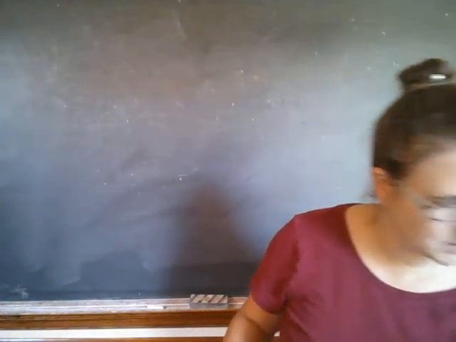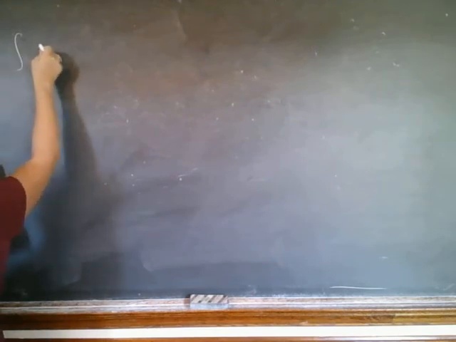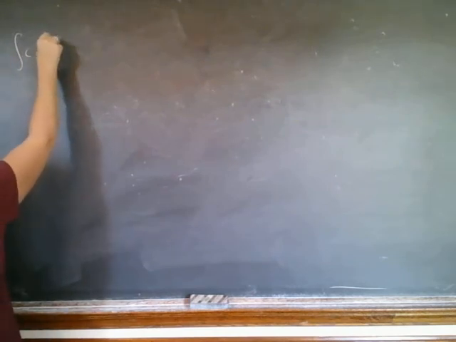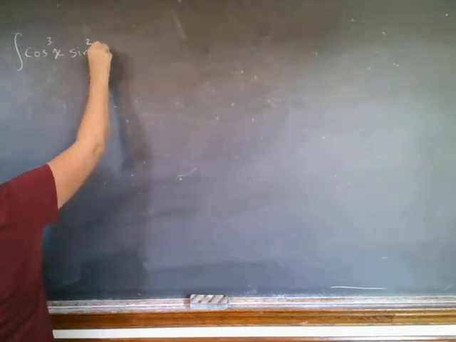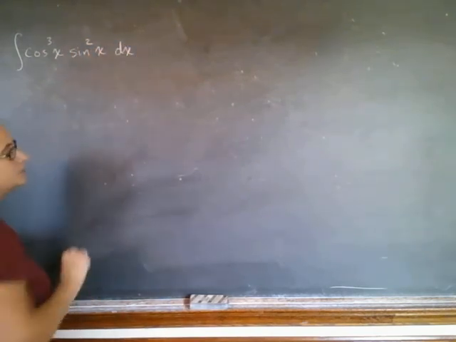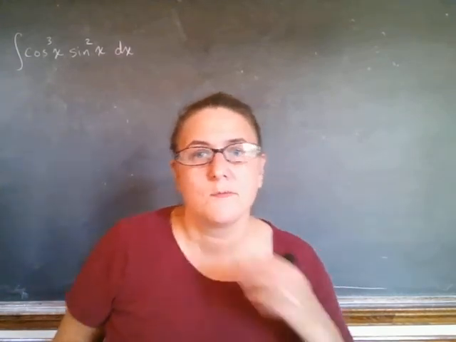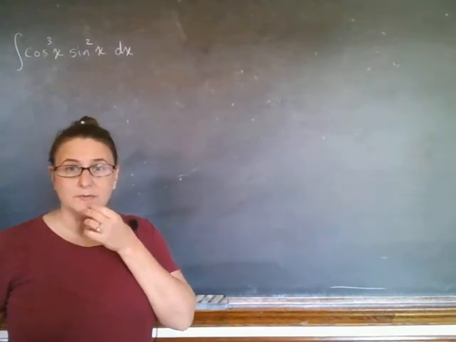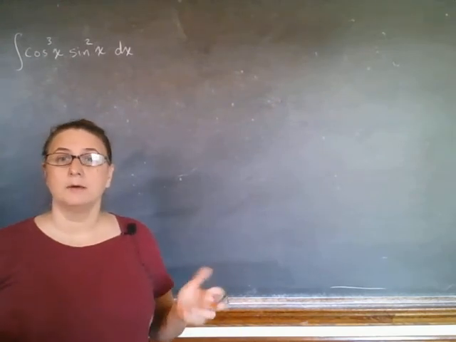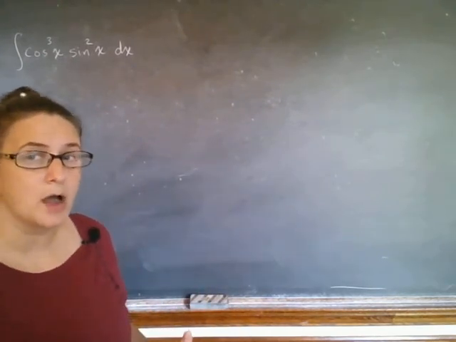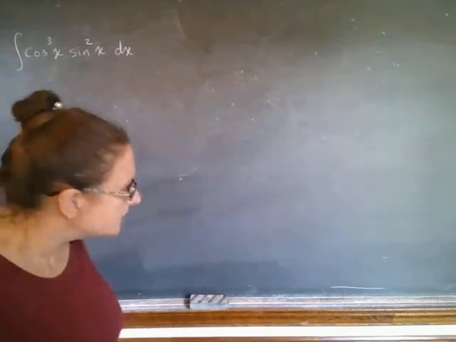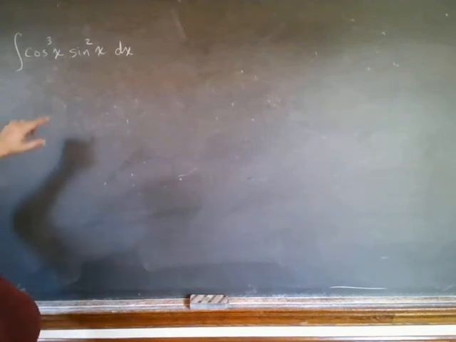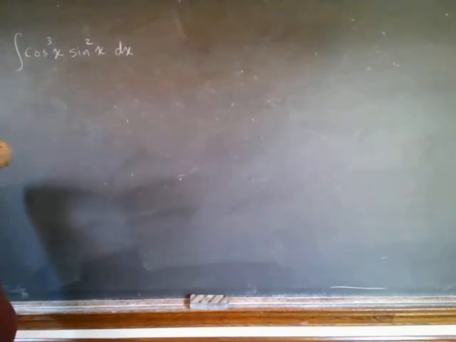Okay, here we go. Cosine cubed x sine squared x dx. All right, so here we only have one option. We do have cosines and sines, but we only have one option in considering what our substitution is going to be, because I have an odd power of cosines and an even power of sines.